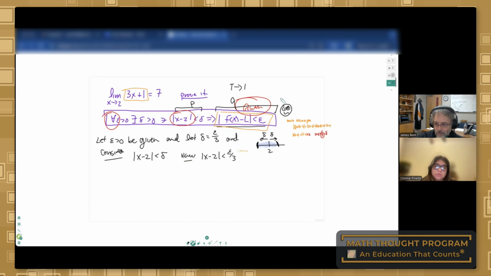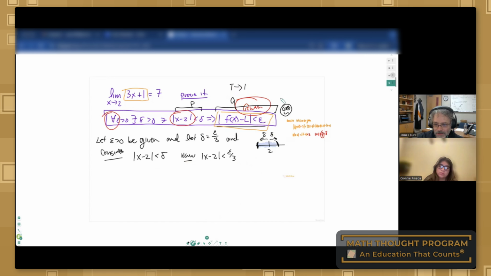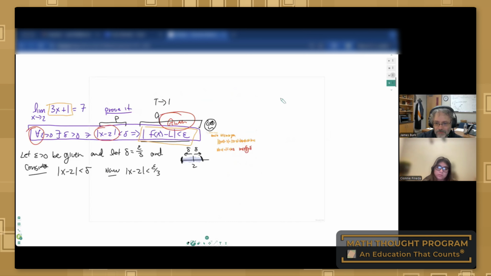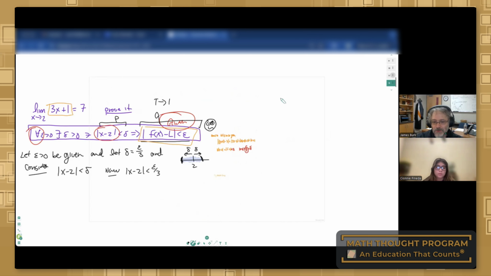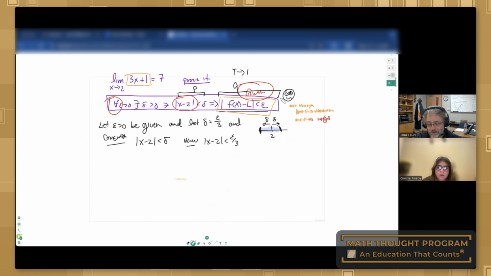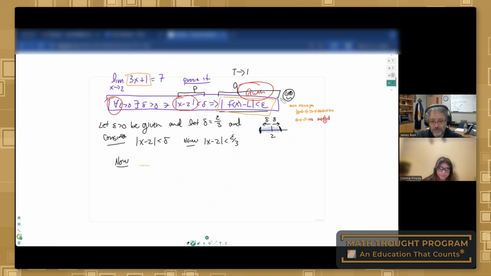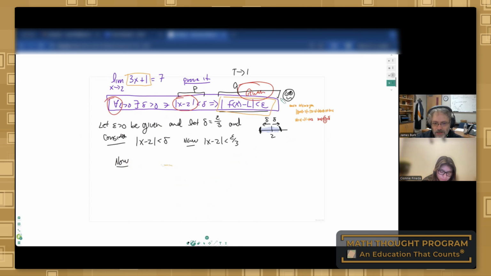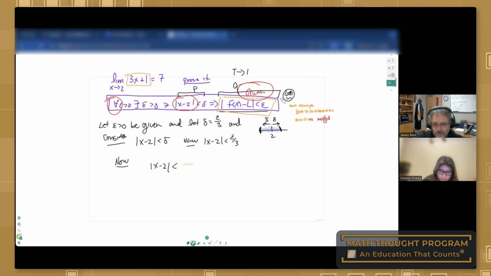So from here, once again, you can peek at what happens over here on the side and use it to help you reverse engineer it if you need to. So I might say something along the lines of, now consider the following. We'll have x minus 2 less than epsilon over 3. Let's multiply both sides by 3.